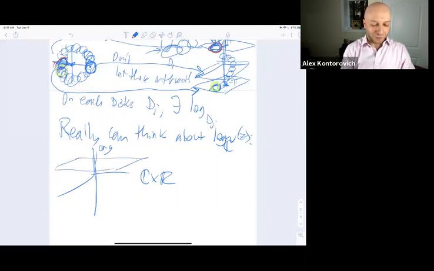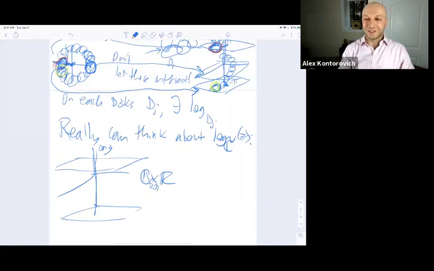And as you follow one plane around, it spins around. So you're never allowed to take C minus 0. You're never allowed to take log of 0.